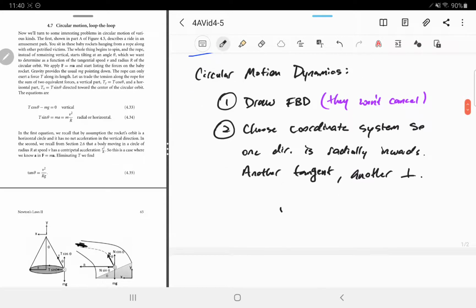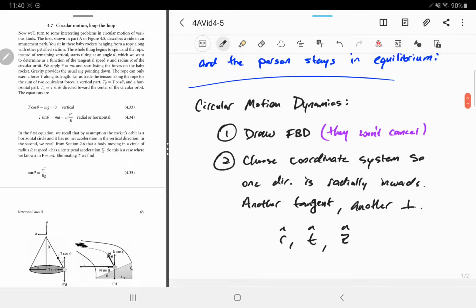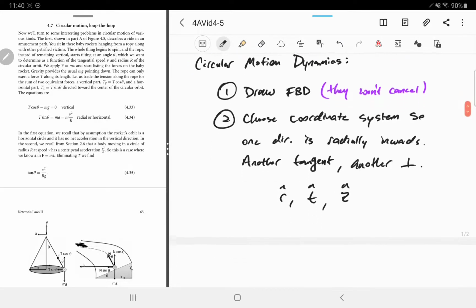You might call these the R hat direction for radially inwards, the T hat direction, and then the Z direction for the one that's perpendicular to both of those. That's a little more telling than X, Y, and Z, right? X, Y, and Z don't really mean anything, but R hat is definitely radially inwards or radially outwards, and T is the tangential direction.